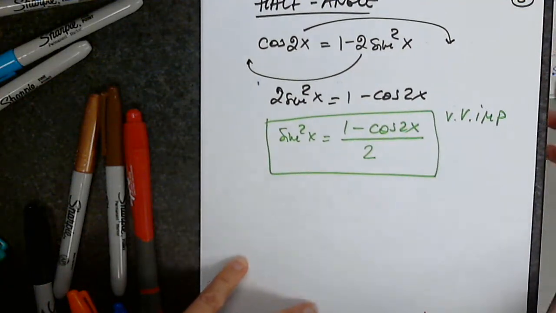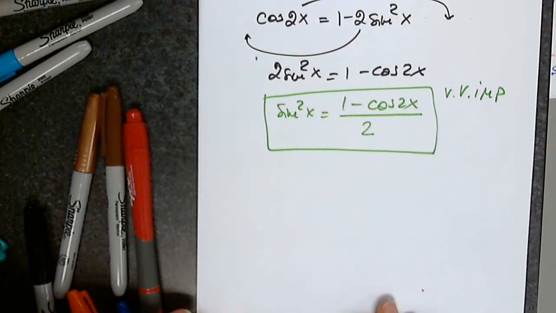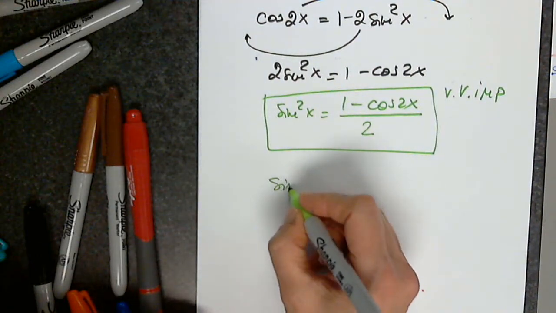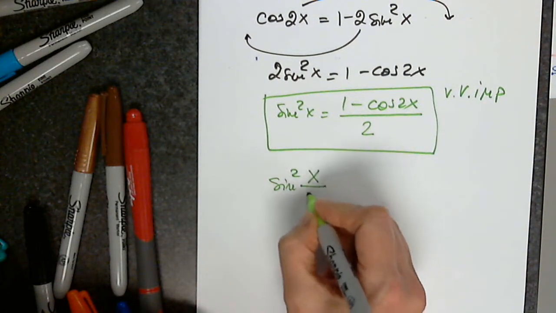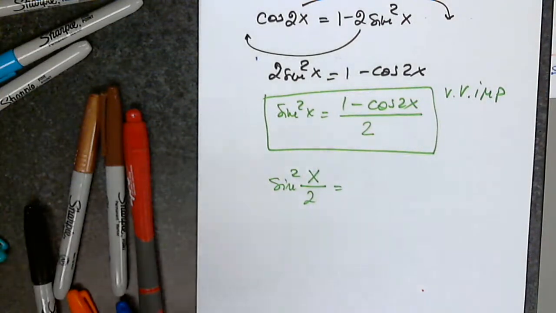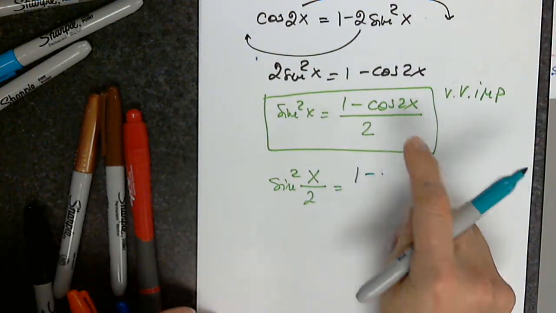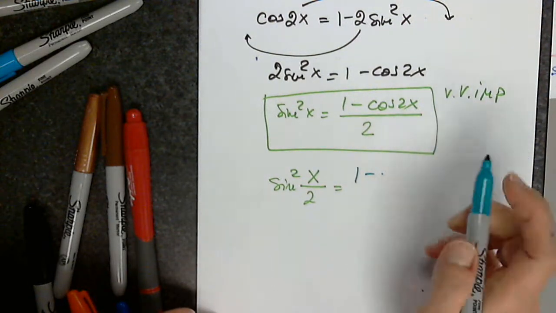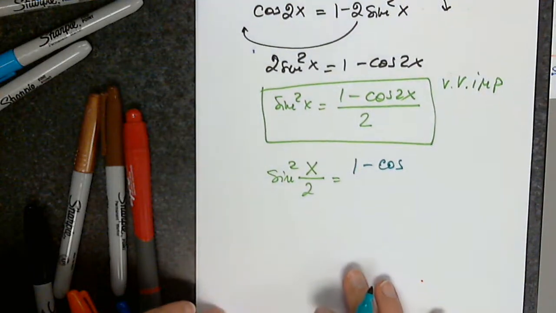And you can say, what does this have to do with half angle? In a second you will, right here. Now this is the half angle. Please follow the pattern and tell me what to write. 1 minus cosine squared. There is no cosine squared. Oh, that is 2x. Yes, 1 minus cosine.